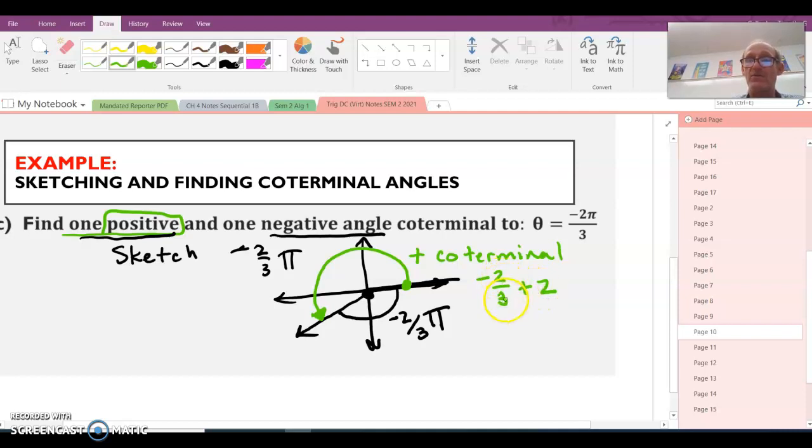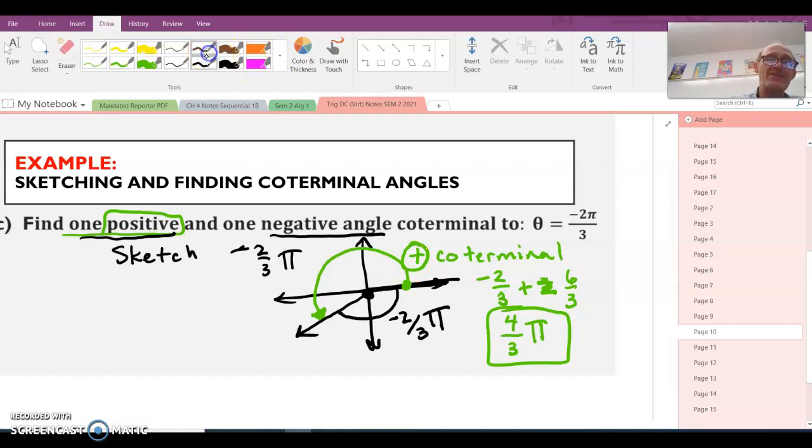Negative 2/3 plus 2, well, that's a fraction, but that's okay, because we're going to make this 6/3. That's going to give me 4/3. So this green angle is 4/3 pi. Now that's one positive coterminal.